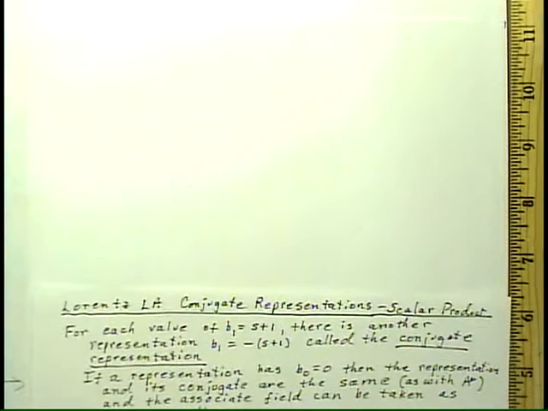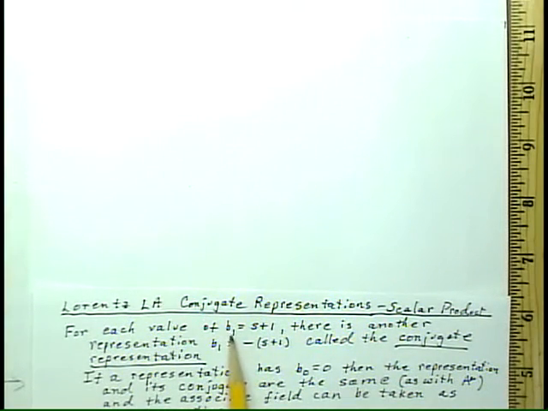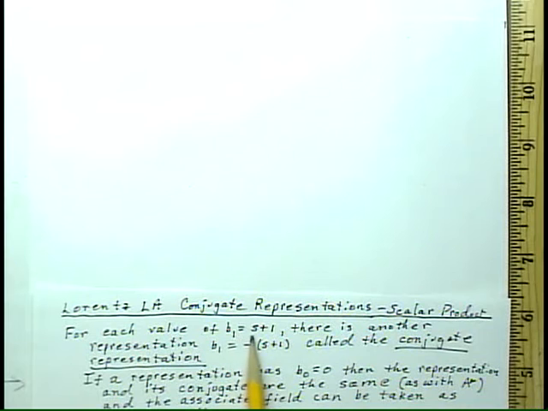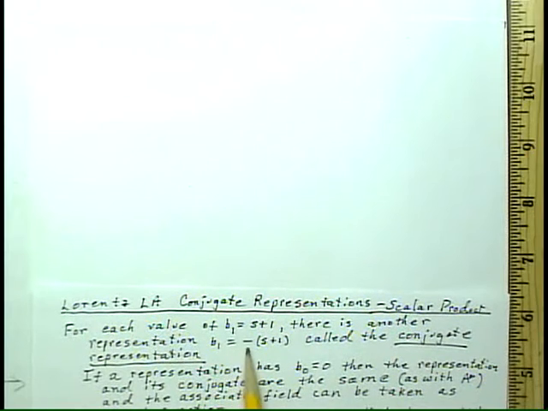If you've been following this material by reading the book by Gelfand, Menlos, and Shapiro, and the other book by Neymark, then you realize that there are actually 2 representations for these 2 values. One where B1 is the spin plus 1, say for a unique spin, and another representation where B1 is equal to minus S plus 1.